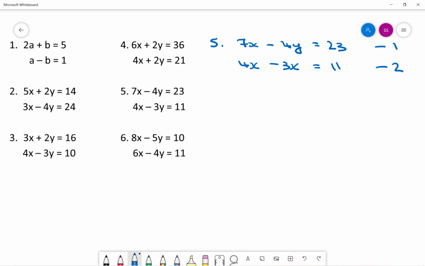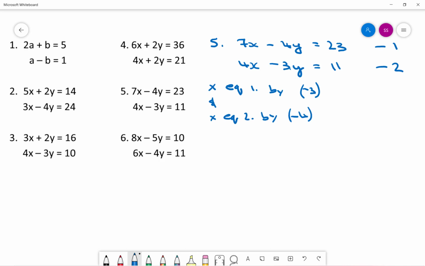I like to pick on the y's, as you know. So with regards to the y terms then, we're going to do that opposite multiplying coefficient idea. So basically, I'm going to multiply equation 1 by negative 3, and I'll multiply equation 2 by negative 4. So again, just opposite coefficients there of the y term.